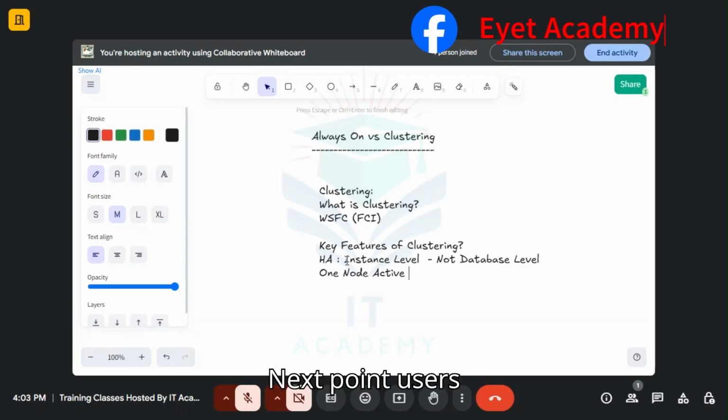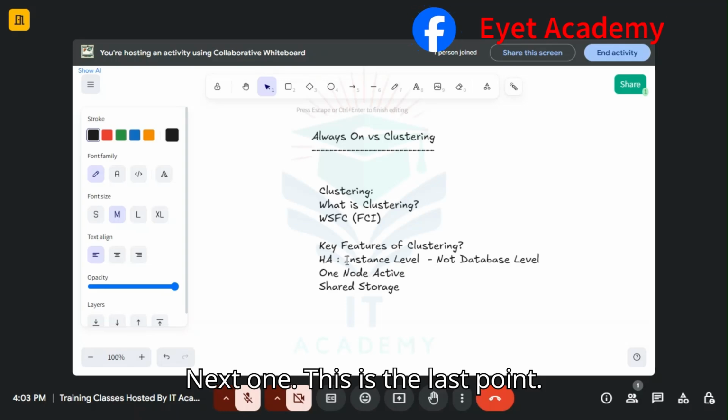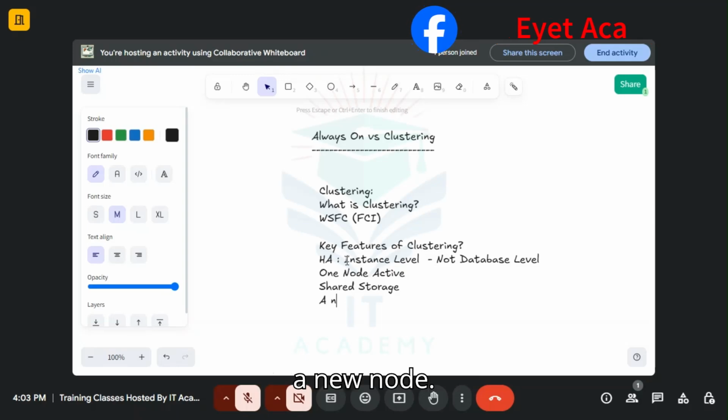Next point, it uses shared storage. Next one, this is the last point: failover happens at the instance level, meaning all databases and services move to a new node.